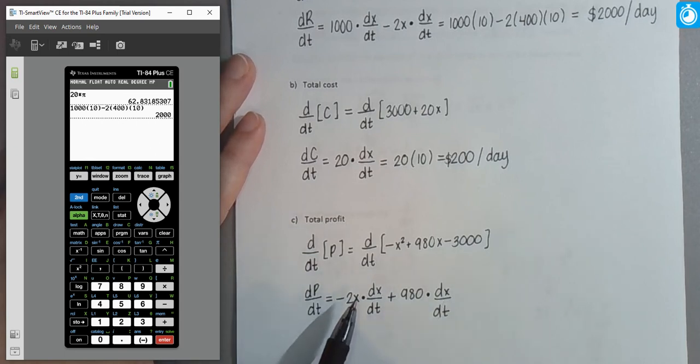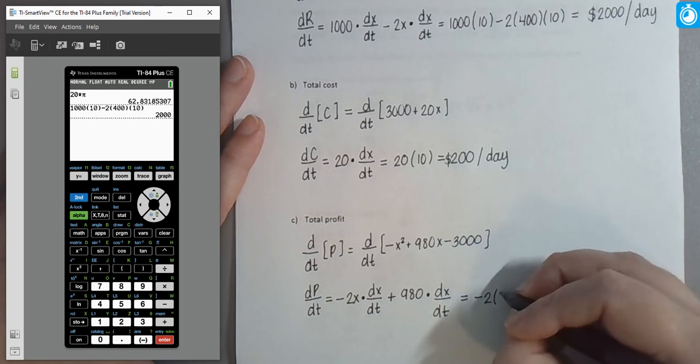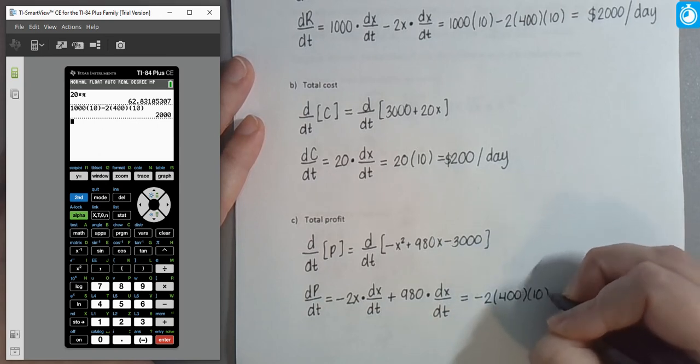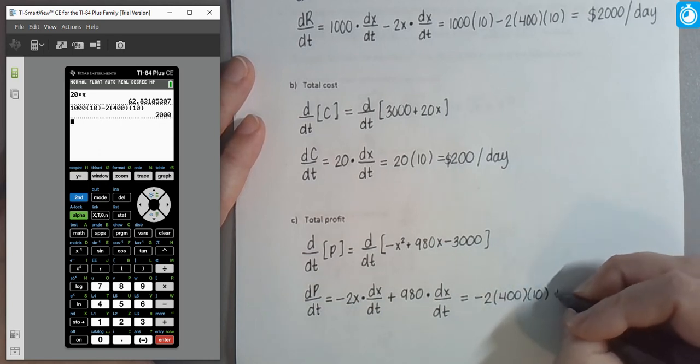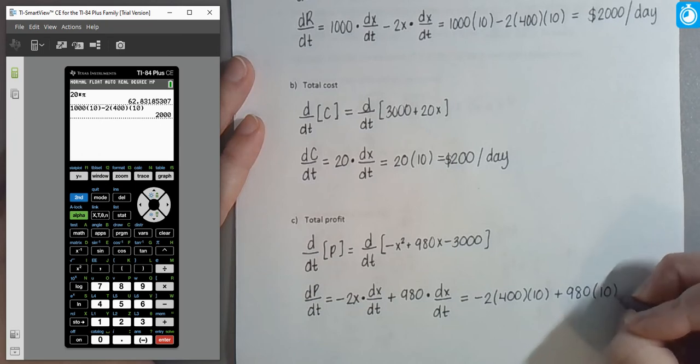Now we know x is currently 400 homes, and then we're changing at a rate of 10 homes per day. So we can sub in those values. So negative 2 times 400 times dx/dt, which is 10, plus 980 times dx/dt, again, that's 10.